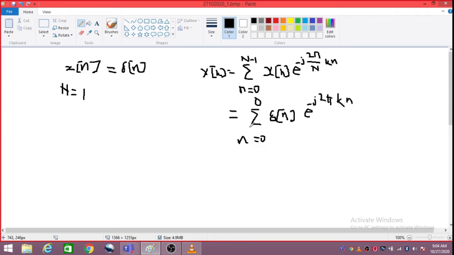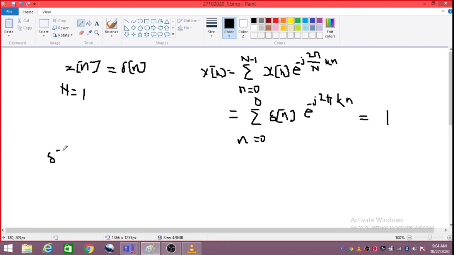Only one term is there. Okay, n इक्वल टू 0 पे क्या वैल्यू होगी इसकी? 1, because it is 1 and it is also 1, so 1 into 1 will be 1. So what will be DFT of delta n? Delta n का DFT will be 1.